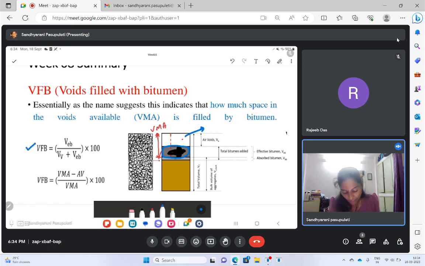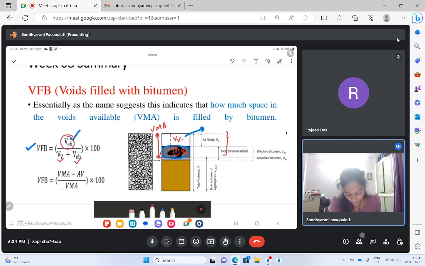So if we come to the equation, VFB is equal to volume of the effective bitumen, that means this number 1, divided by volume of voids plus volume of effective bitumen. Volume of voids is this plus volume of effective bitumen is this. So out of this total VMA, what is the percentage of effective bitumen that is filled?